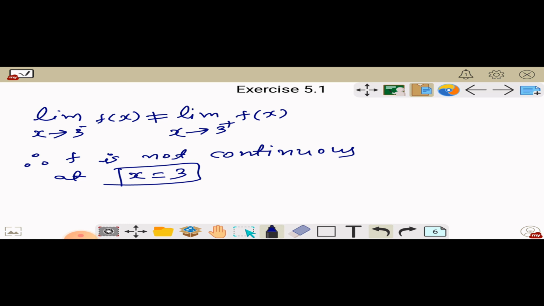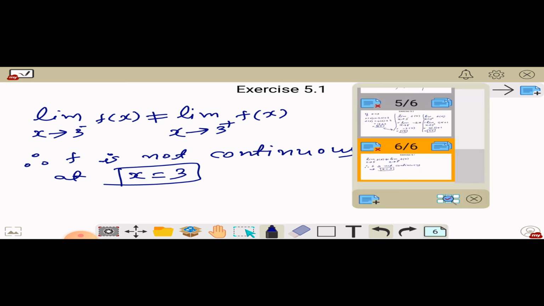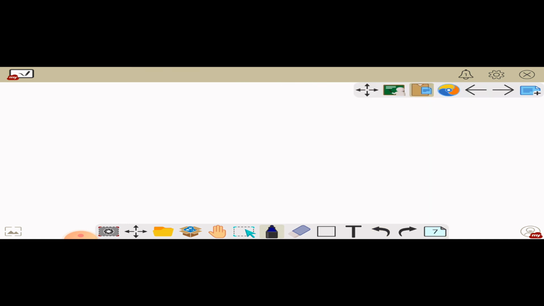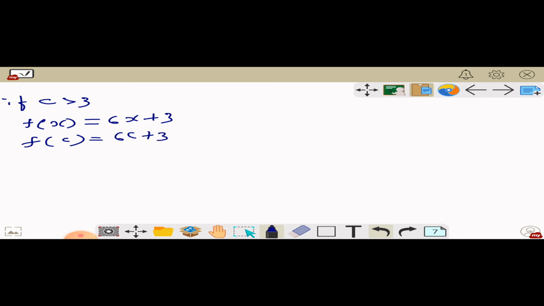Now one more condition we have to check. For a real number c which is greater than 3, f of x is equal to 6x plus 3 and f of c is equal to 6c plus 3, right?